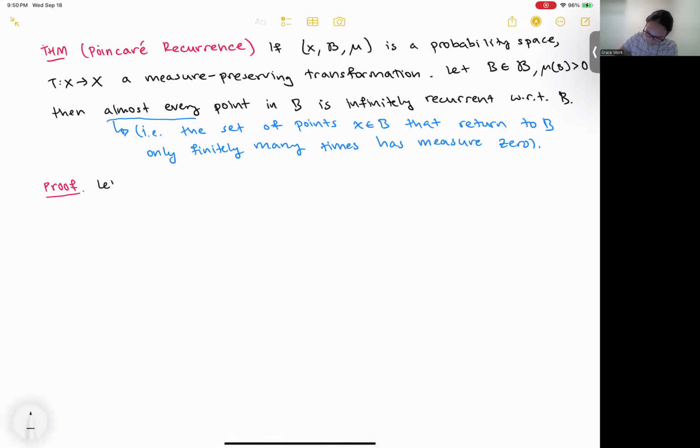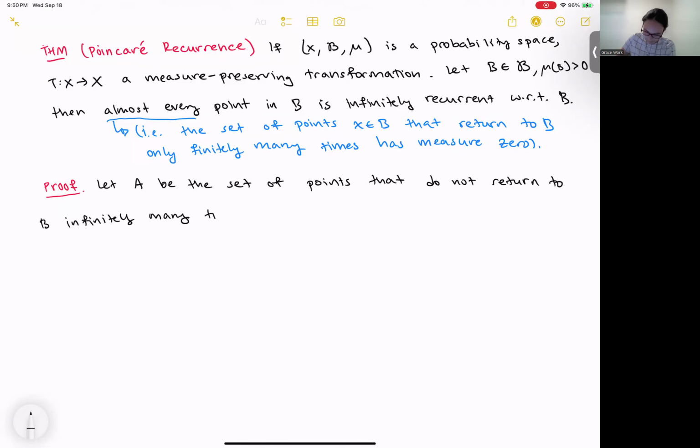So let A be the set of points that do not return to B infinitely many times. We want to prove the measure of A is equal to 0.